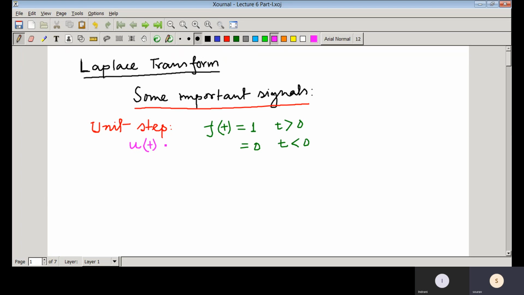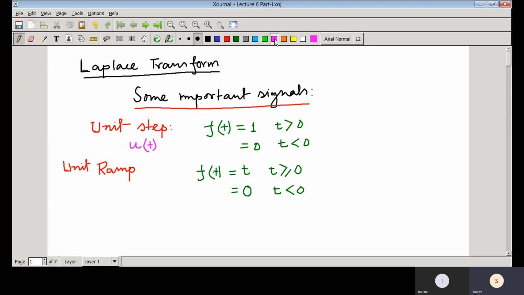The other signal is the ramp signal. It is the unit ramp, so that means the slope is 1, and it is defined as f(t) equal to t, as it is a unit ramp so the slope is 1, when t greater than or equal to 0, and equal to 0 when t less than 0.